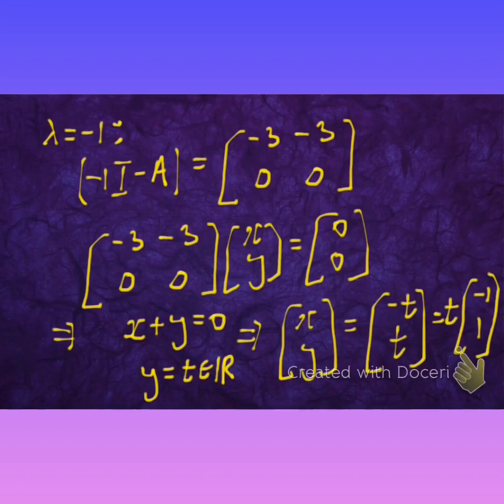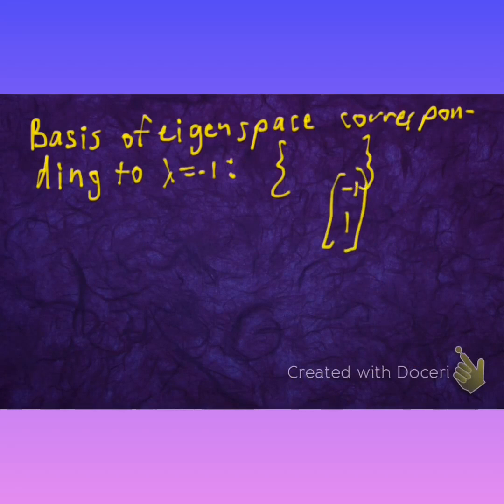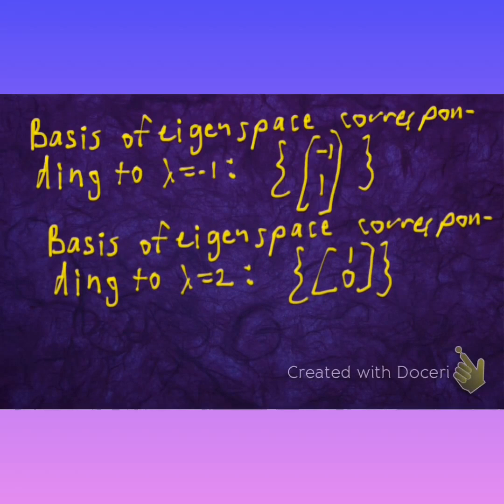The basis corresponding to lambda equals minus 1 is that vector there. Now recall the basis of the eigenspace corresponding to lambda equals 2.